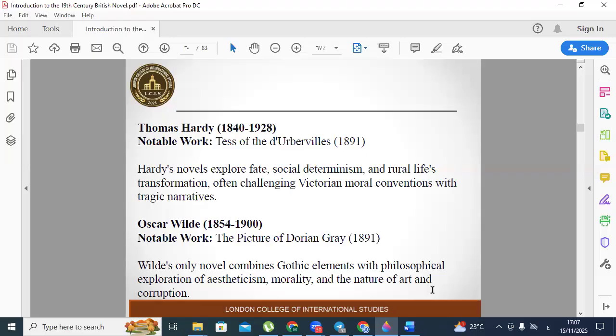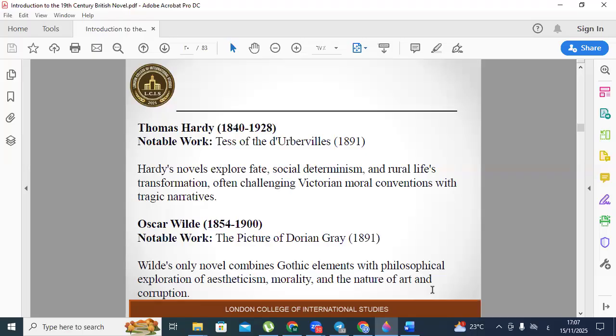Wilde was the leading figure in the aesthetic movement, which proclaimed art for art's sake, the idea that art's value lies in beauty rather than moral instruction. This directly challenged Victorian assumptions that art should have moral purpose.